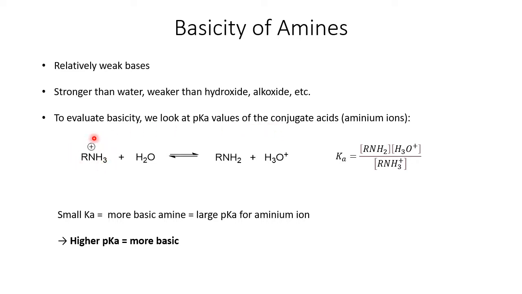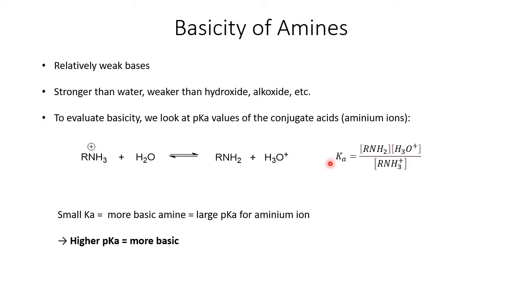So let's go ahead and take a look at the Ka expression for this aminium ion here. Now this aminium ion formed when this amine acted as a base. So now we're looking at the aminium ion acting as a conjugate acid. In general, it would give up its proton and reform the basic amine as well as the hydronium ion.